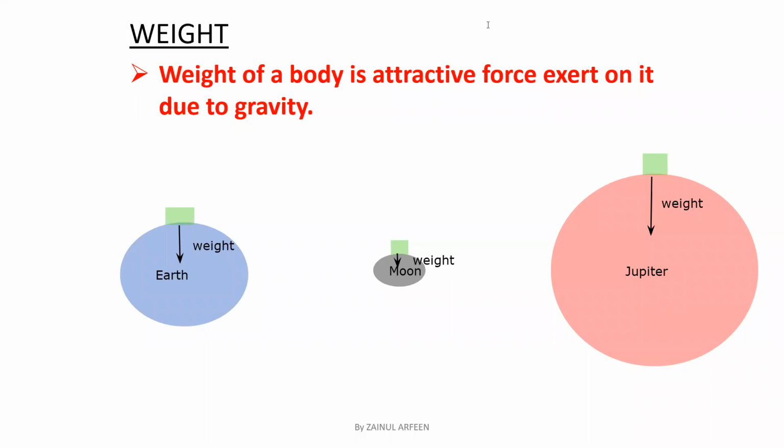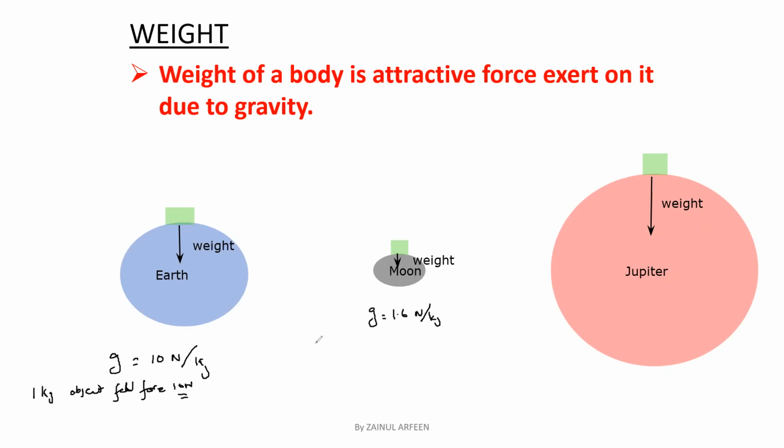The strength of gravity of Earth is 10 Newton per kilogram. What does 10 Newton per kilogram mean? It means a 1 kilogram object will feel a force of 10 Newton on Earth. The gravity of the Moon is 1.6 Newton per kilogram.